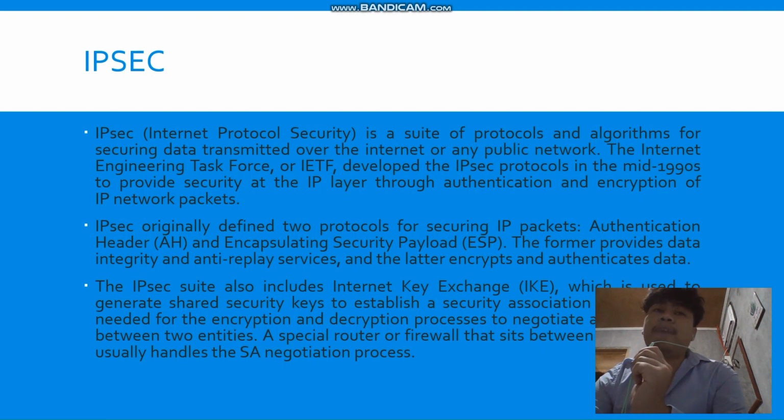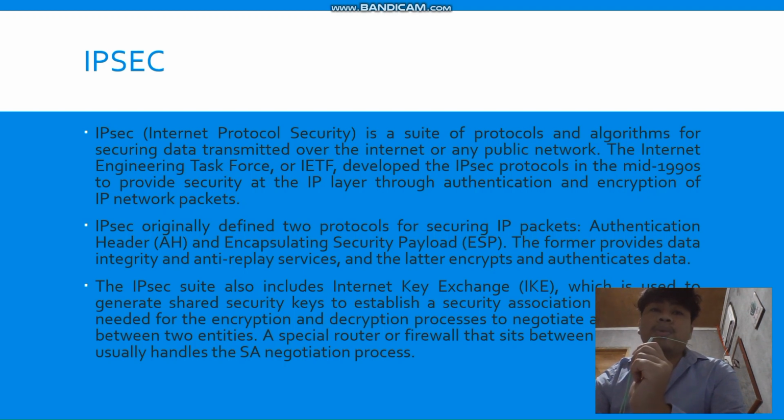IPsec originally defined two protocols for securing IP packets: authentication header and encapsulating security payload. The former provides data integrity and anti-replay service, and the latter encrypts and authenticates data.